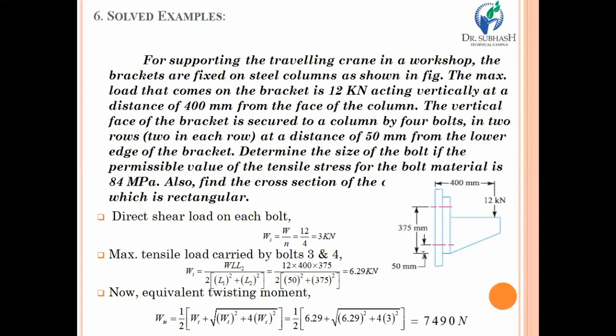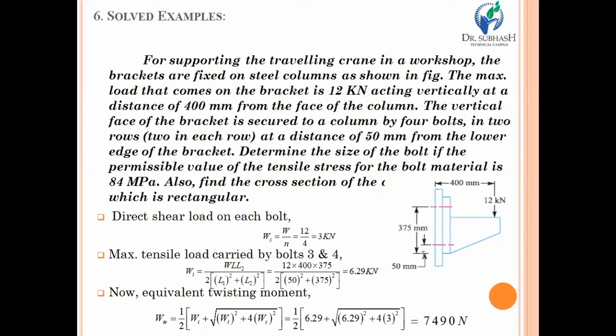You have one traveling crane in a workshop, and brackets are fixed on a steel column as you may see in the figure. Maximum load F on that bracket will be 12 kilonewton vertically, and it acts at a distance of 400 mm from the face of the column. So over here L is 400 mm.